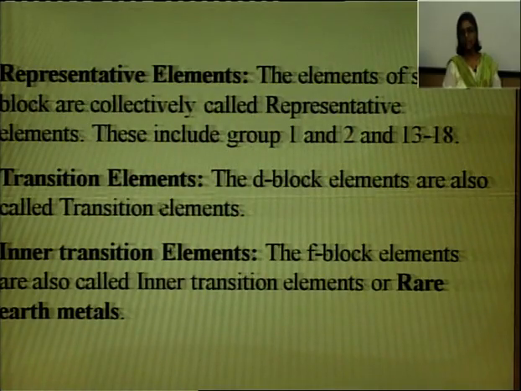Then we have transition elements, which is D block elements with the group from 3 to 12, and then we have inner transition elements which are F block elements and are also called rare earth elements.